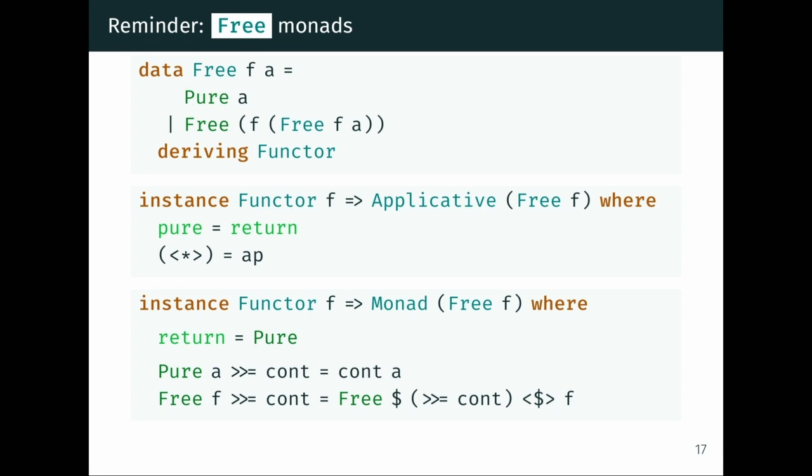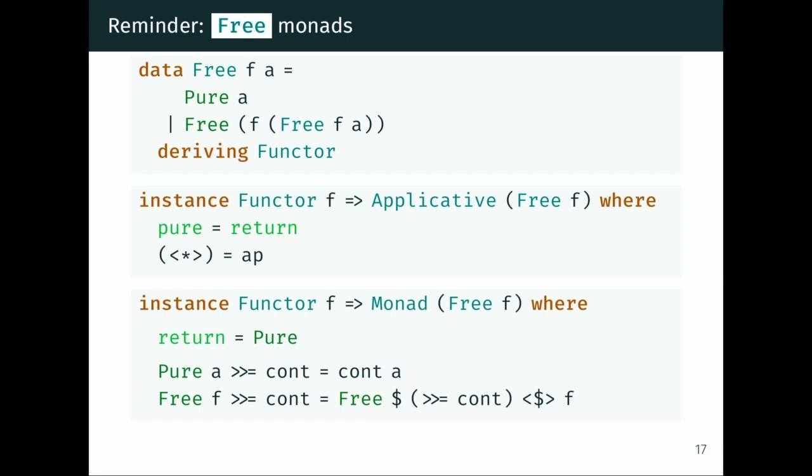And then we have this Free constructor, which wraps in the given functor f recursively a Free f a. And that's always a functor. And the interesting thing is that if f is a functor, then Free f is a monad, a free monad.